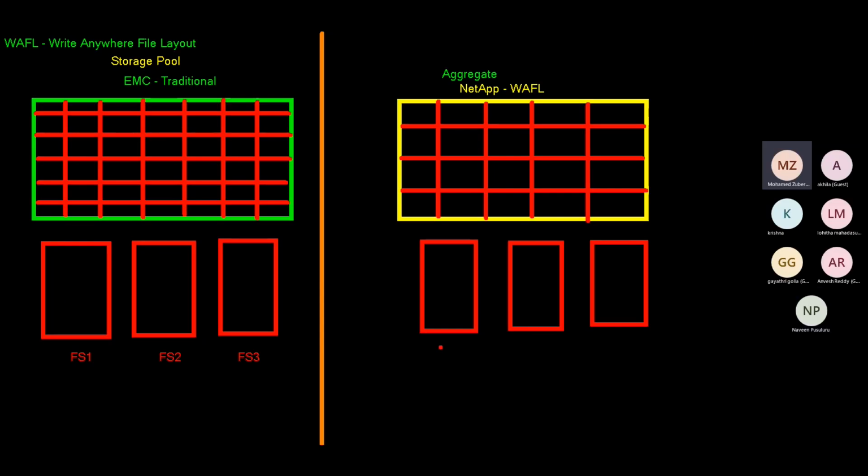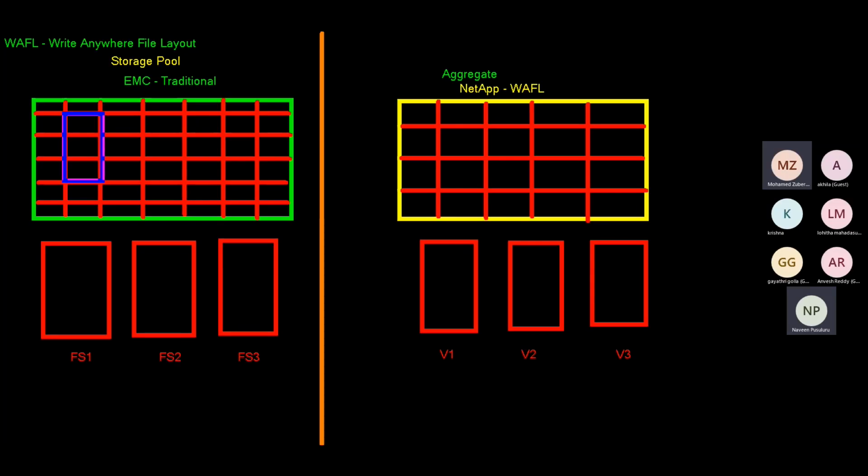Let's assume these are V1, V2, V3. In a traditional file system, whenever you create a file system, the data blocks are automatically reserved under it.